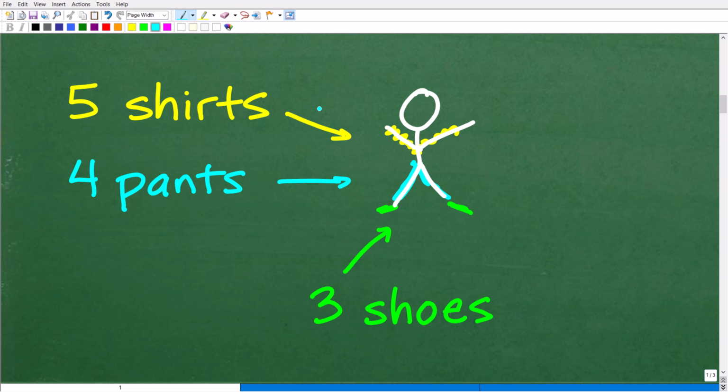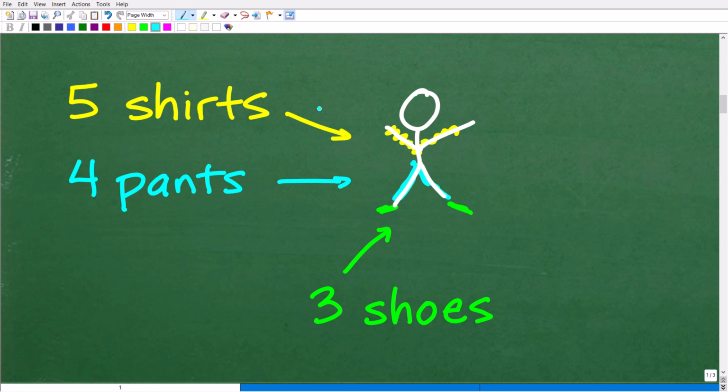So we're going to put on one shirt. We're going to grab one of the pants, we're going to put those on, and then we're going to grab a pair of shoes, and that's it, right? So we're not going to put on 2 shirts, nothing like that. So we're talking about unique outfits. Okay, so how many unique outfits, different combinations, can we make from 5 shirts, 4 pants, and 3 shoes?